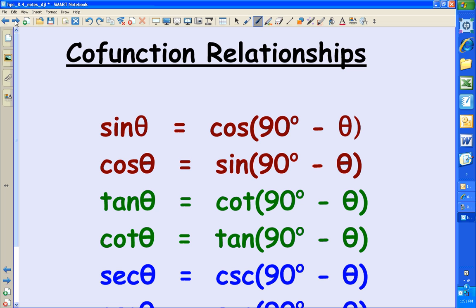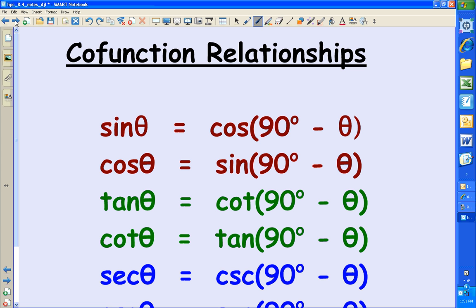These are called co-function relationships. It means you're doing one function in terms of another. We alluded to some of this yesterday when we talked about the sine and cosine graphs being 1/4 of a period off. So the sine of theta is equal to the cosine of 90 minus theta, and the cosine of theta would be the sine of 90 minus theta.